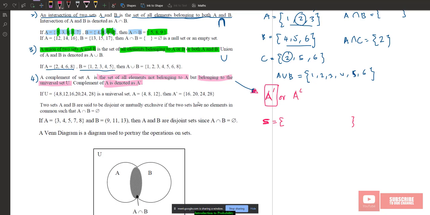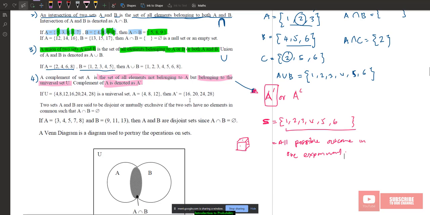A 6-sided die should have all possible outcomes 1, 2, 3, 4, 5 and 6. So sample space is all possible outcomes in one experiment.